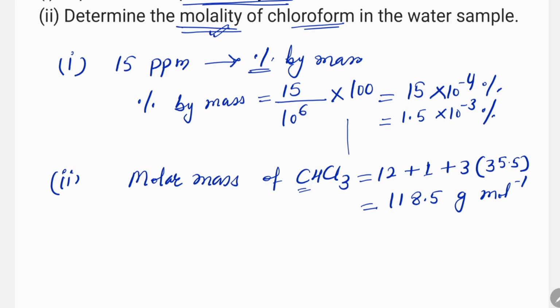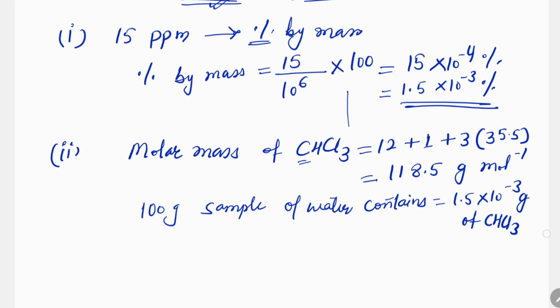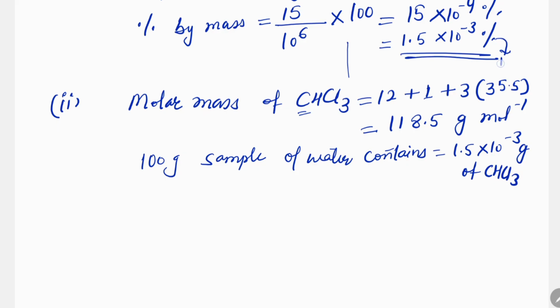According to the above calculation, it means that a 100 gram sample of water contains 1.5 into 10 raised to power negative 3 grams of chloroform, because this is mass percentage. Mass percentage means this much mass is present in 100 gram water sample.